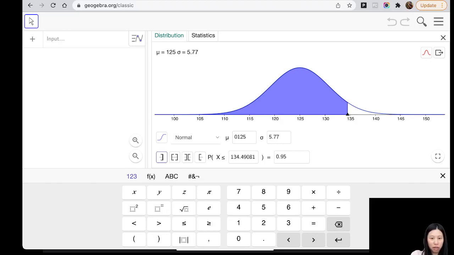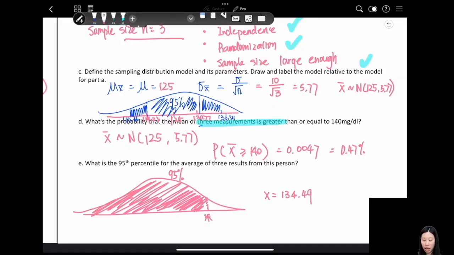So that means if the glucose measurement is 134.49 milligrams per deciliter, that means it's higher than 95% of other people.